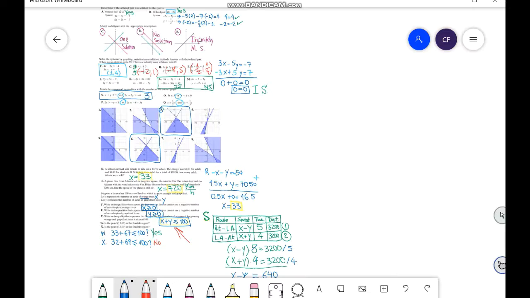J is 0 and negative 3. And K is 5 and 0. Just to make sure that you have the right answers.